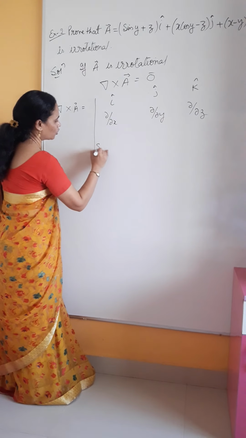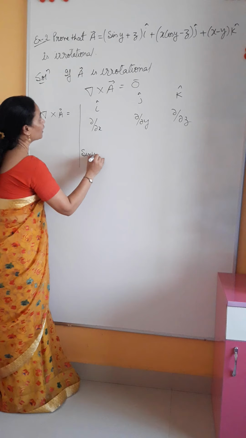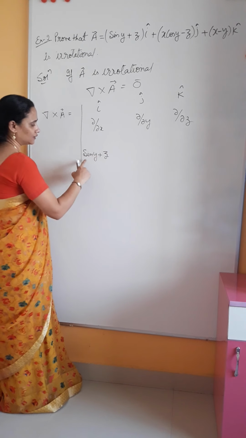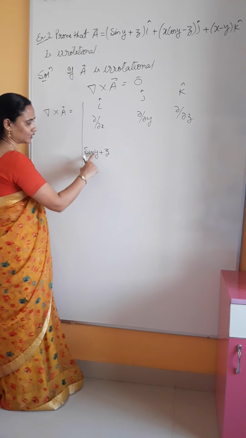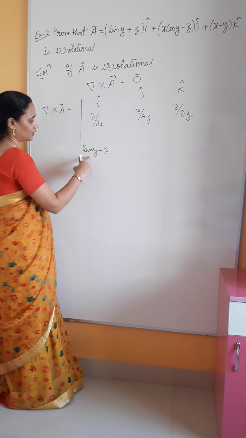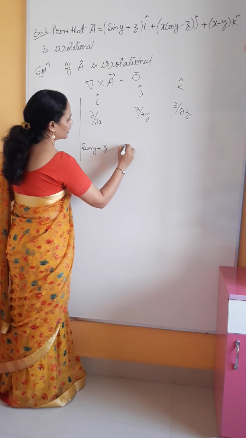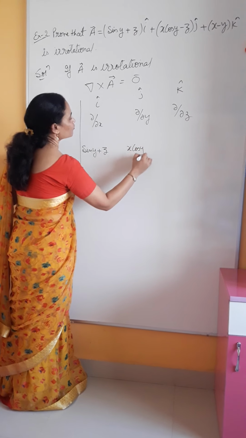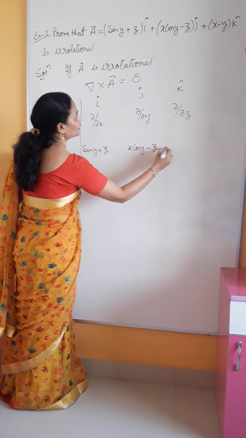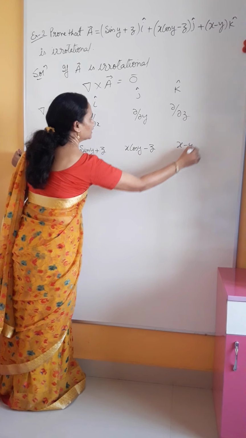Now write down the components of A: sin y plus z. See, this is sin y separate plus z. This is not y plus z with sine. And similarly x cos y minus z. And the last one is x minus y.